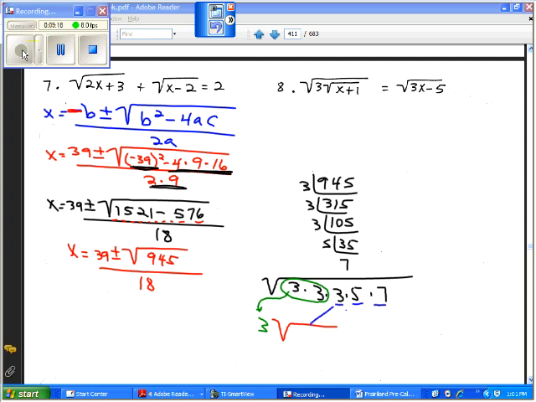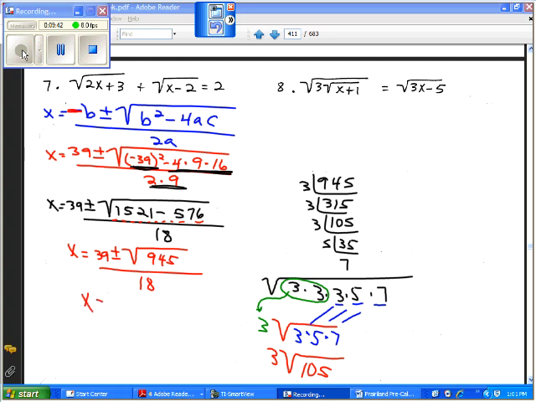What did not get circled in a set goes back in. And you multiply, and you're going to have 3 square roots of 105. So the square root of 945 simplifies to 3 square roots of 105.